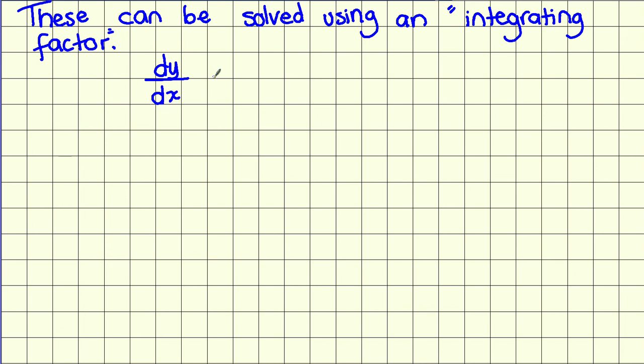So it's dy by dx plus, then you know how you've got something multiplied by our y? We're going to call that p of x, y, equals, then whatever's left over is just called q of x. Got no idea why they use p and q, they just do. Okay, so p of x is just whatever's attached to the y. That's it.